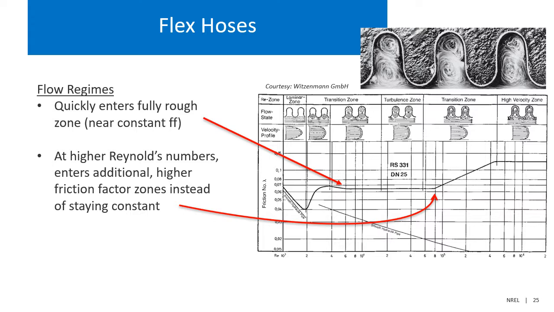They behave like regular pipes until a Reynolds number of about 80,000, at which point the friction factor can double as these vortices grow larger than the outer pockets. In a typical studied trough plant, the Reynolds numbers can reach into the second transition zone, so this effect should be accounted for.